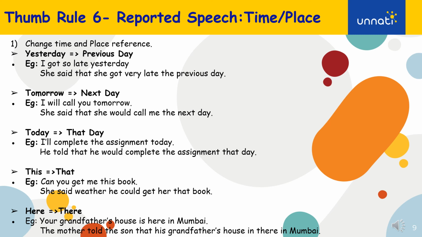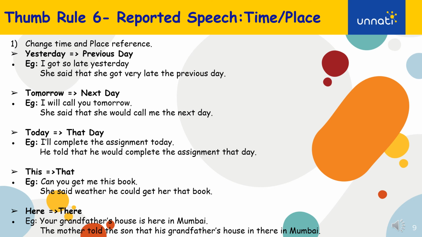Can you get me this book? Direct. She said whether he could get her that book. So first we are introducing whether in the sentence of reported speech, and we are changing from this, we are making it to that book. Here becomes there.